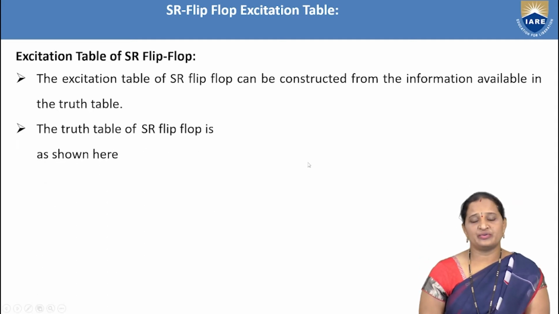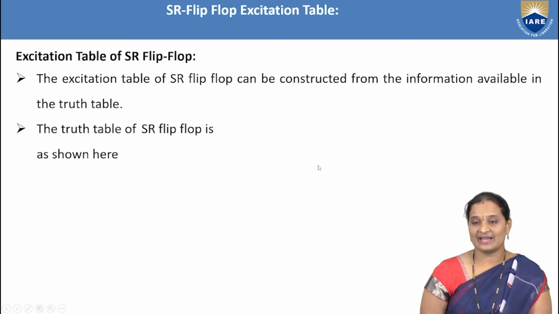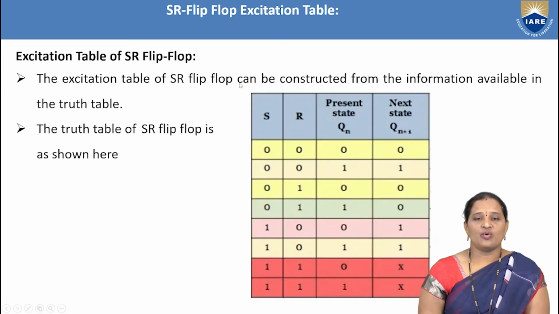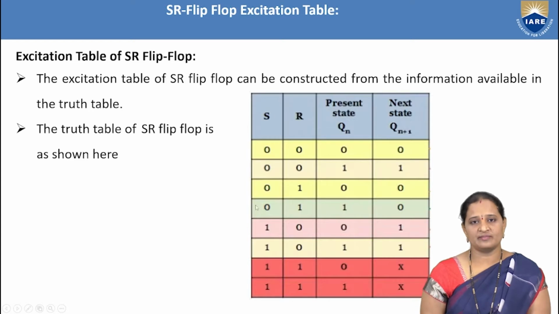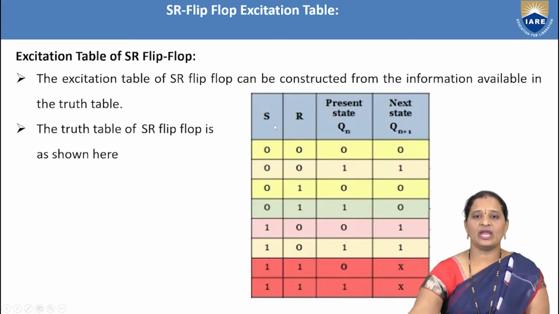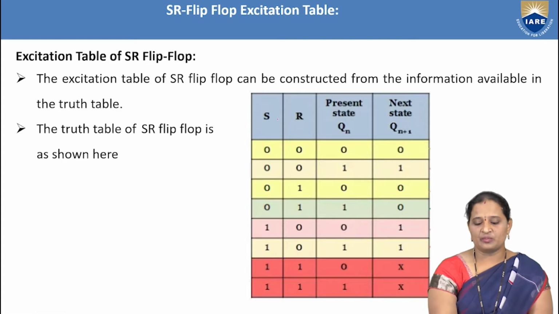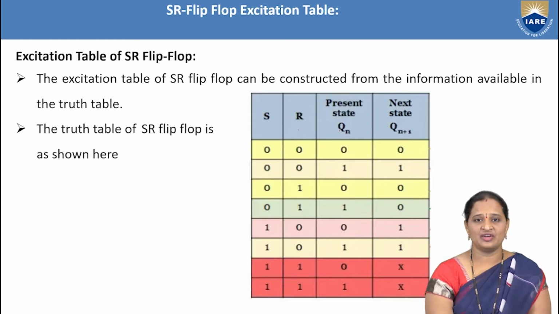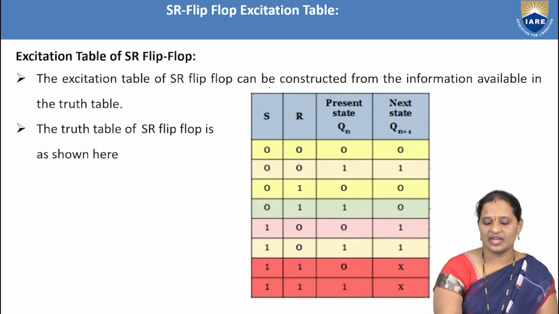The truth table of SR flip-flop is as shown. As I told you, in the truth table we have all the possible combinations of input for which the next state of the flip-flop can be decided. If we look at this truth table, S and R are the inputs, and the next one is the present state, which is also considered an input here.